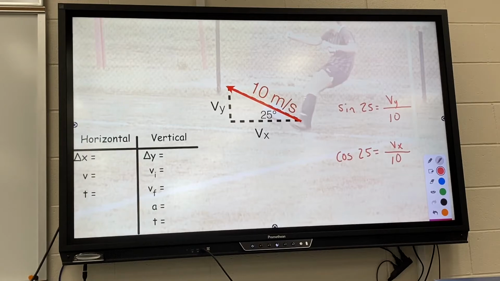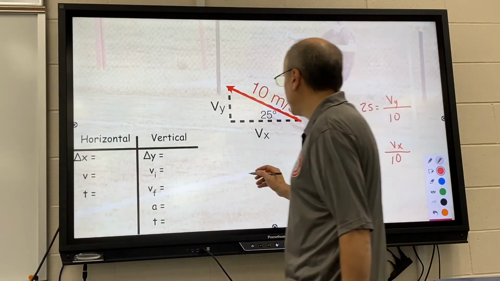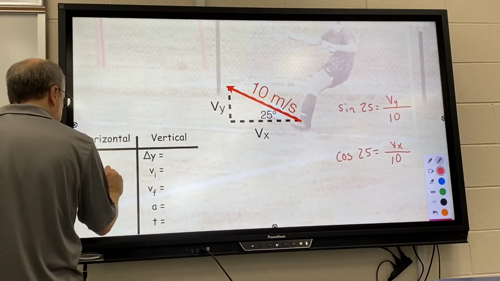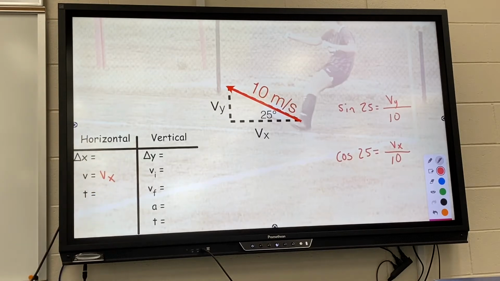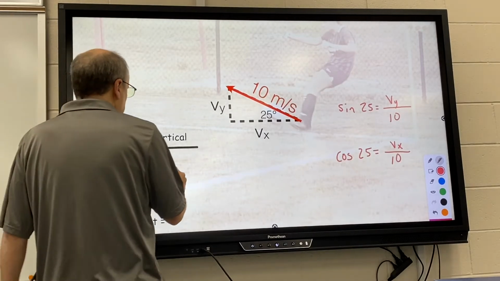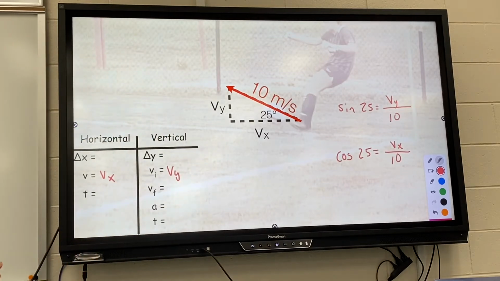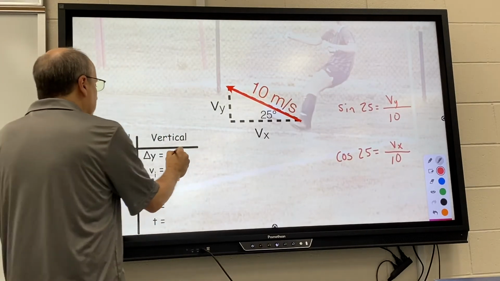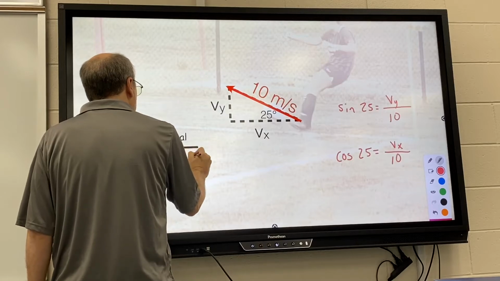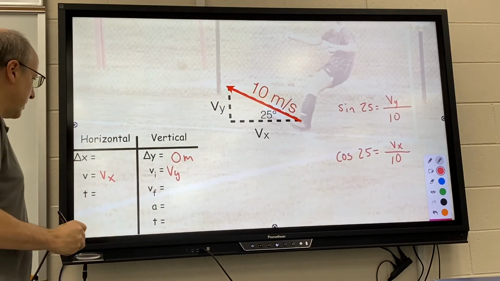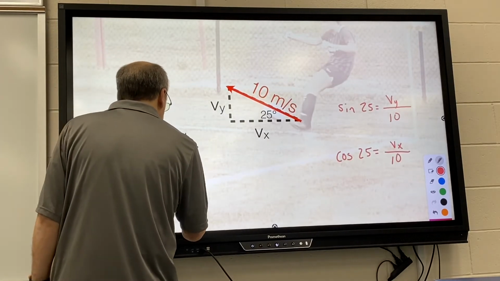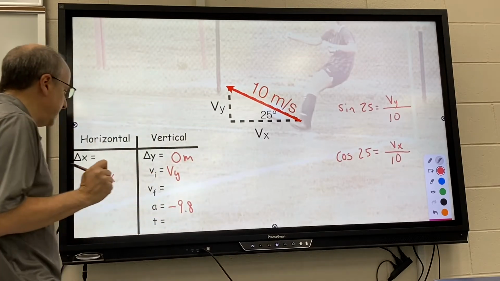Once you have those x and y velocities, you're going to put them in the proper spot. So the x velocity, whatever number you get, will go in here. The y velocity will go in on the vertical side. Your delta y, we're going to assume the ball starts and ends on the ground, so we make that 0. And we're on planet Earth, so we're going to make this negative 9.8.